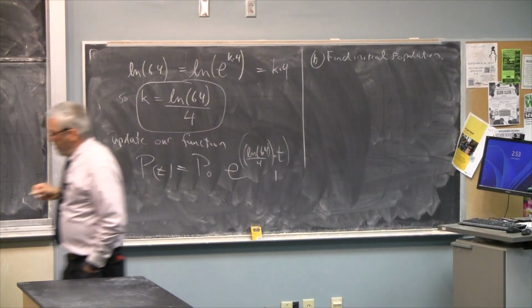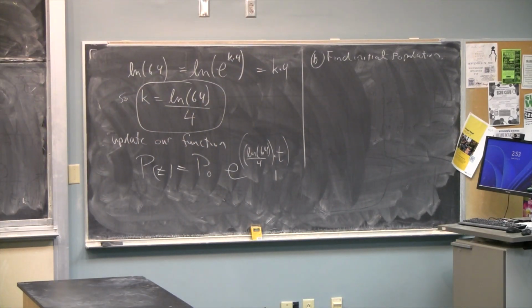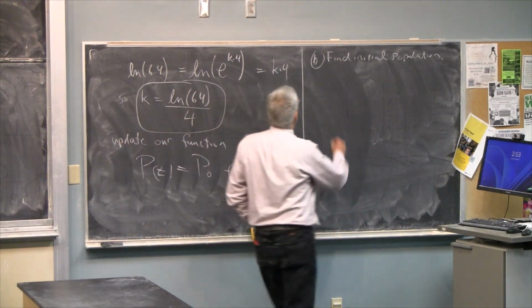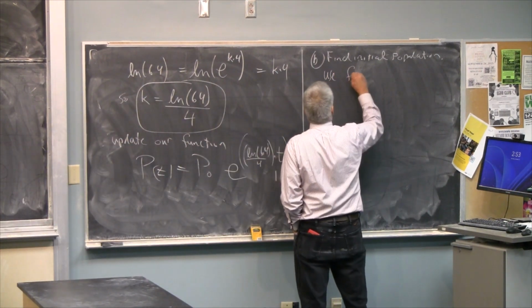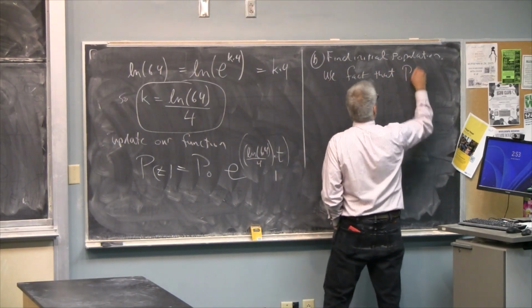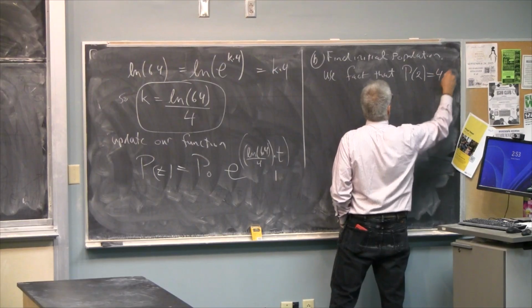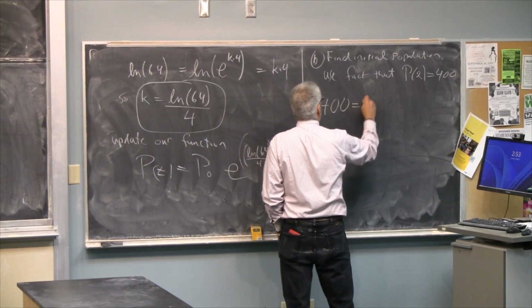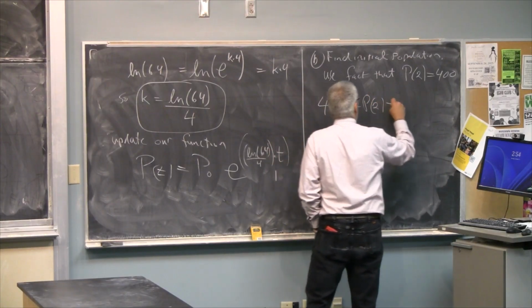Okay, well, let's go back to this. The population at time 2 hours is 400. So we're going to use the fact that p of 2 equals 400. So I'm going to turn that around. I get 400 equals p of 2. And what is that?